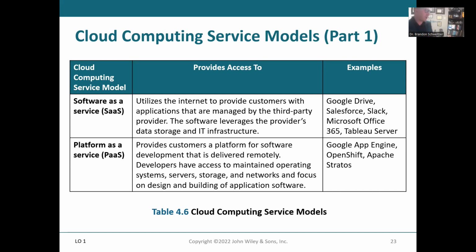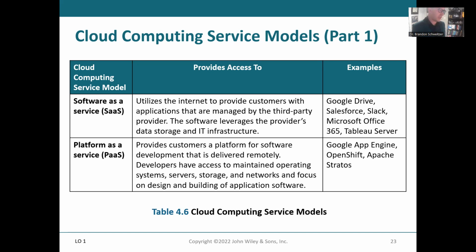And then, of course, we have what's called platform as a service. This is where customers are provided platforms for software development to be delivered remotely. The developers, of course, have access to a lot of tools through a platform as a service.